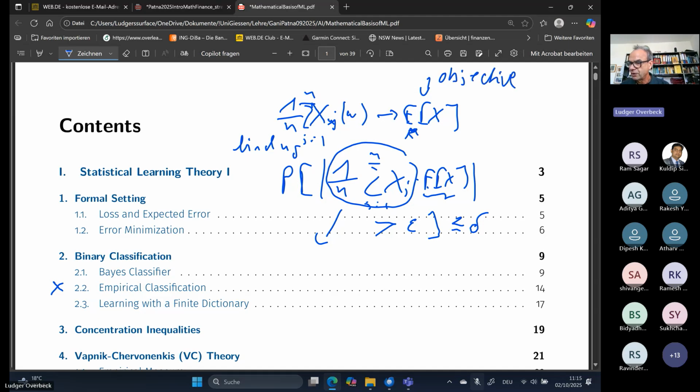This is called concentration inequalities. They have a much more fancy name in AI, probably approximately correct or whatever. There is a whole theory based on this, but if you call it concentration inequalities, nobody will look at it. So the AI guys have a much more fancy name. Does anybody know about this name?